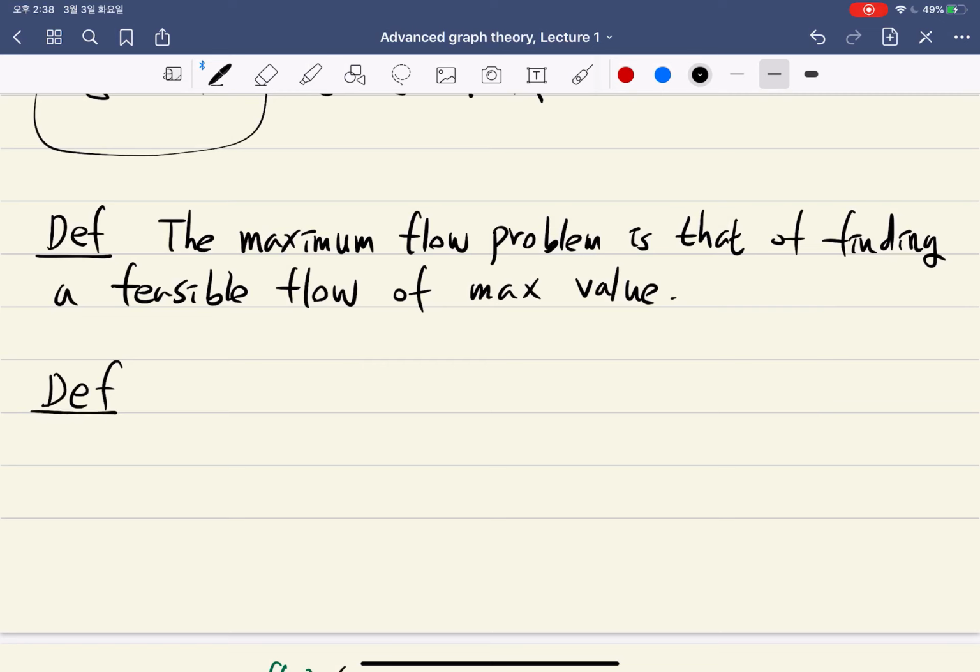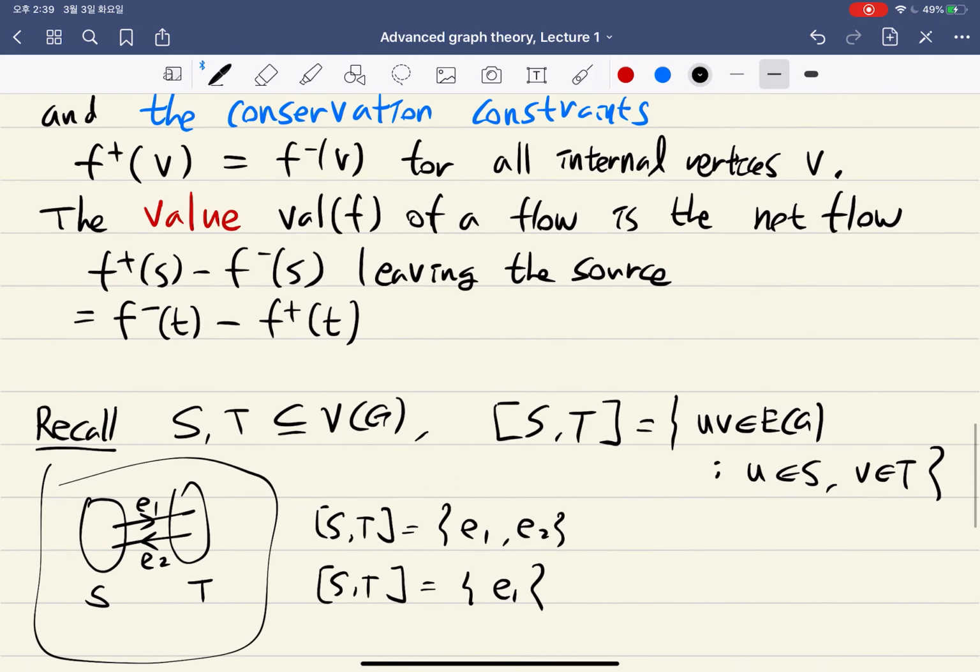And to find the maximum value, we need to be able to check which values are maximum. For that, one of the useful concepts is this cut.